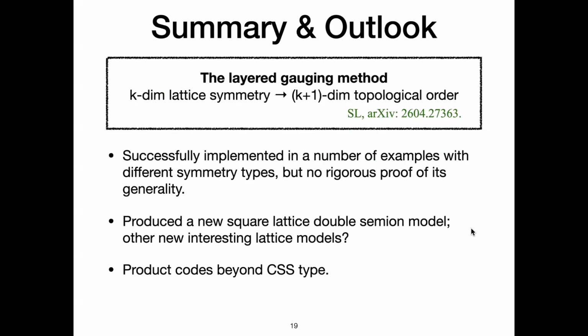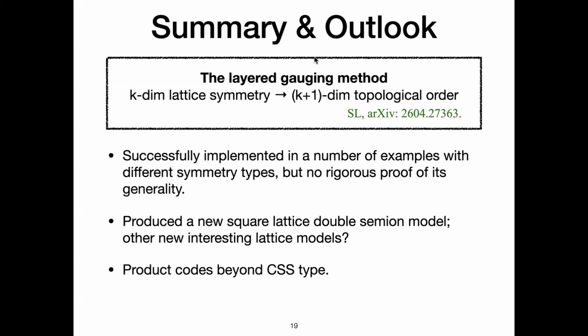Also, from this method, I have produced a new square lattice double semion model, but all the other examples are basically already known examples. So another interesting question to explore in the future is whether this method can be used to generate other new interesting topological lattice models.